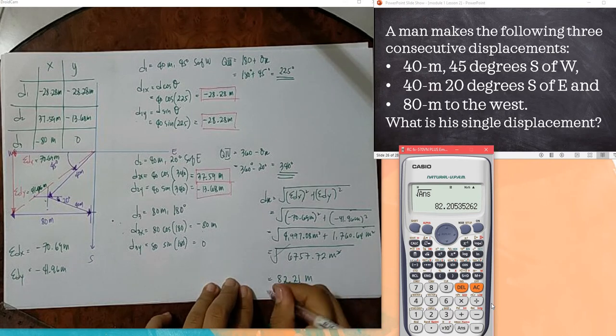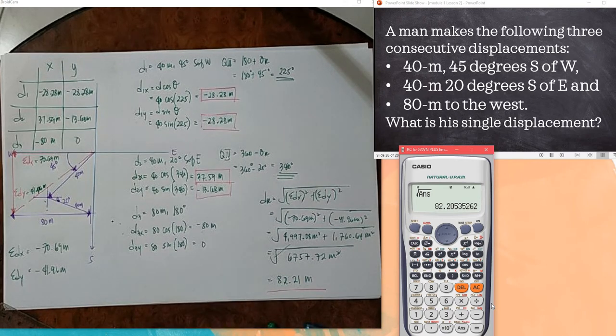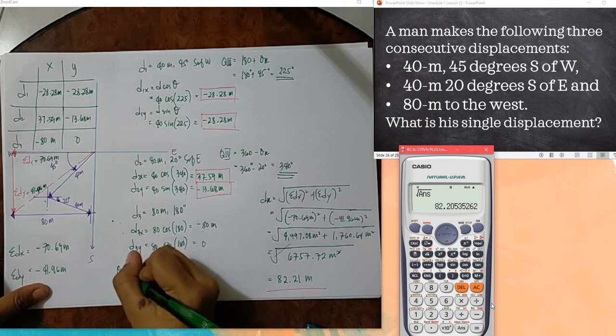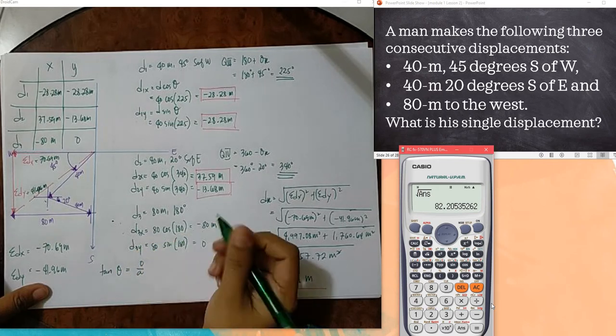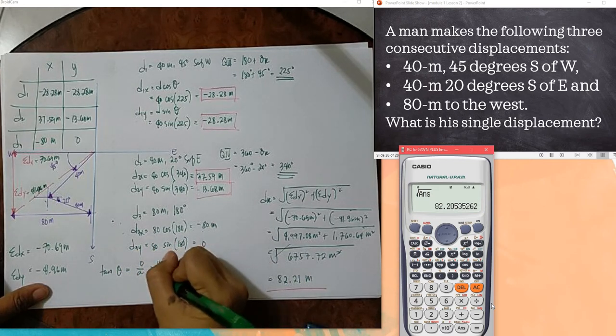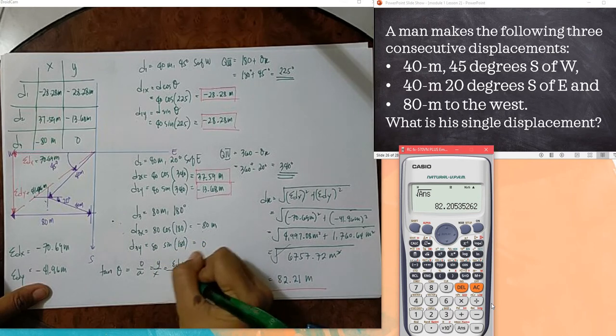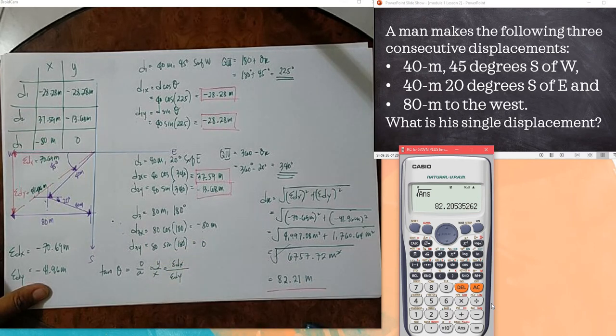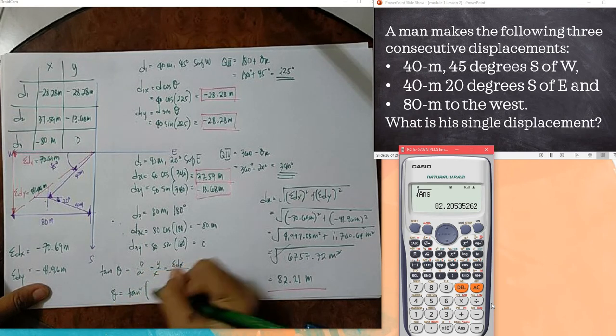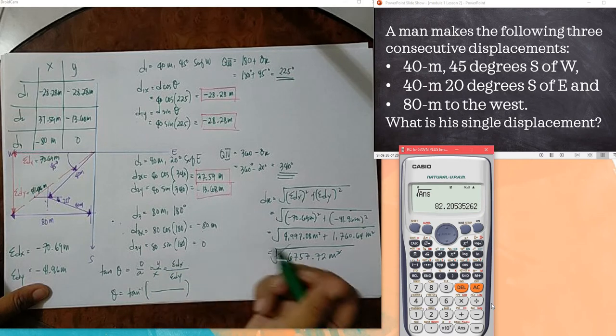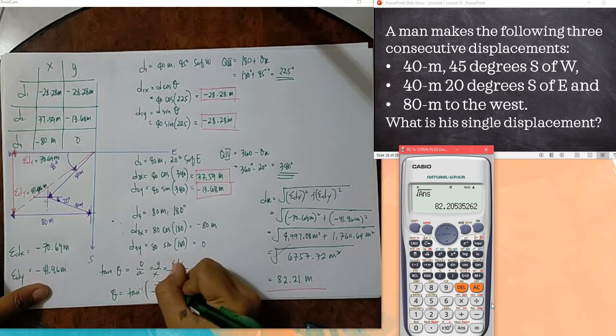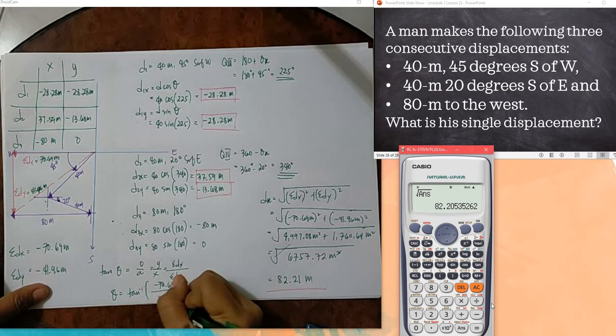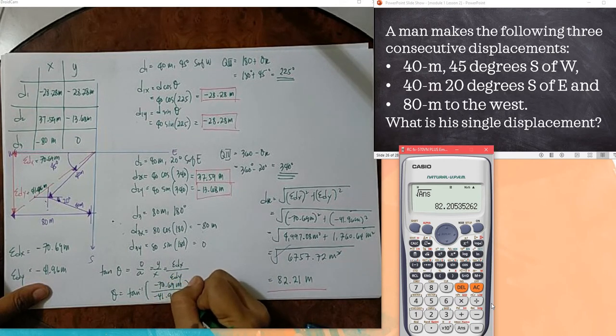Now it is time for us to solve for our angle. Tangent theta is equal to opposite over adjacent, or y over x, or the summation of d sub y over the summation of d sub x. So, directly, theta is equal to tangent inverse of negative 70.69 meters over negative 41.96 meters.